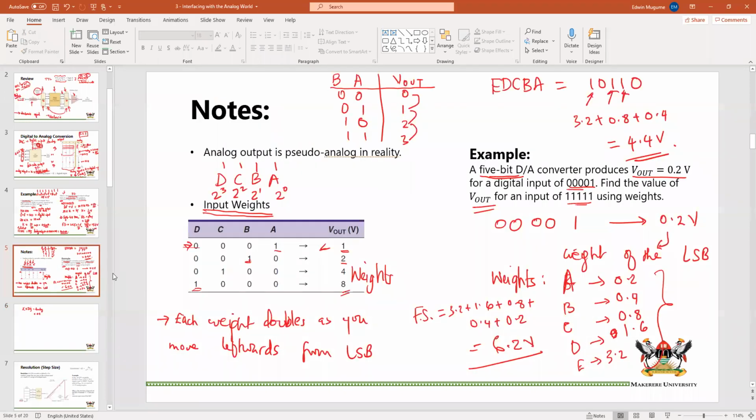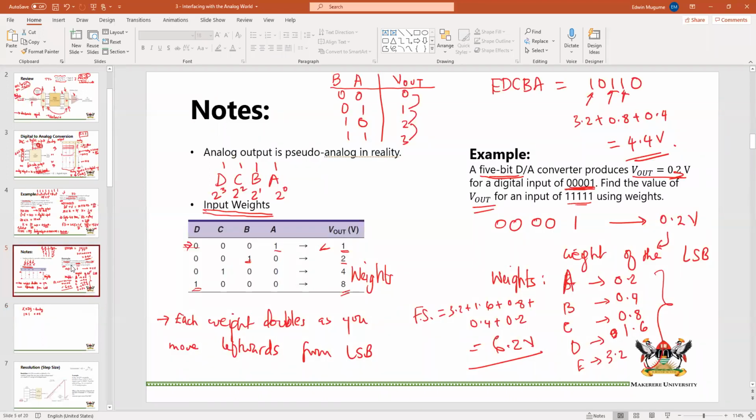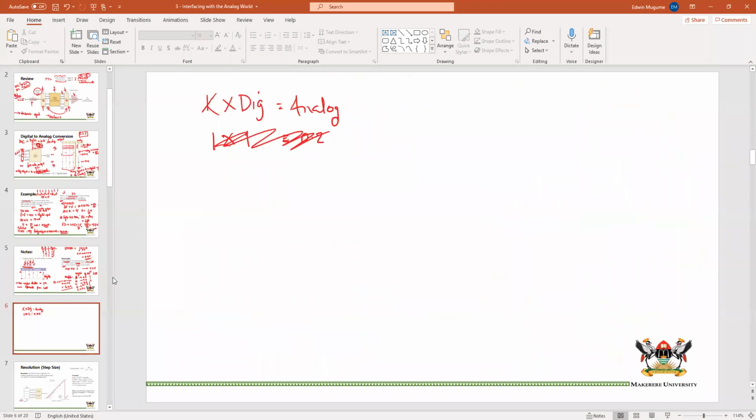I know that the digital is 00001 and the analog is 0.2 volts. So my K would be analog over digital, which is 0.2 over 1, which is 0.2 volts.